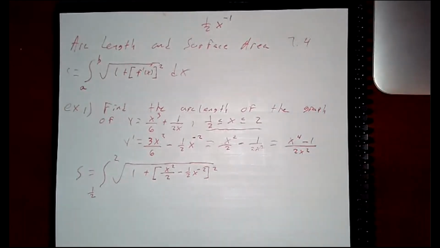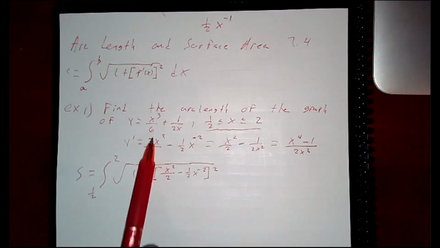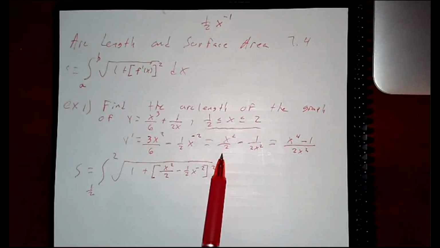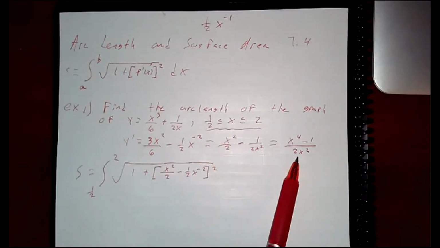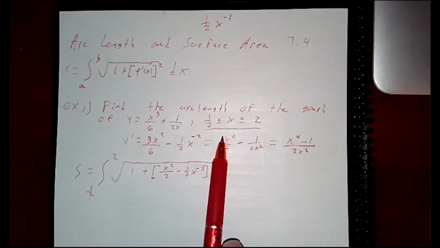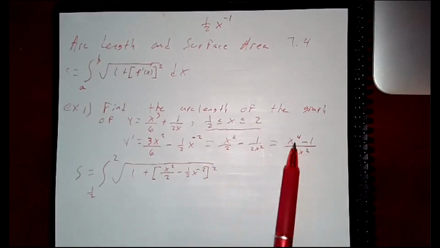You guys agree with that? The 3 cancels with the 6. Yeah, so we get to there. And then combining with a common denominator, it's going to be this, introduce x squared, which will get me here.